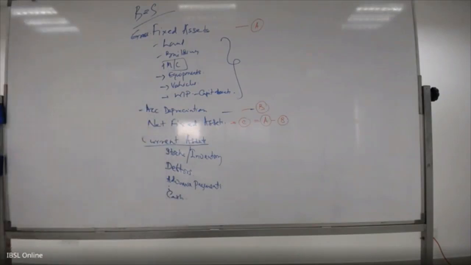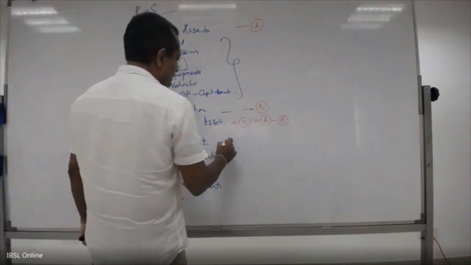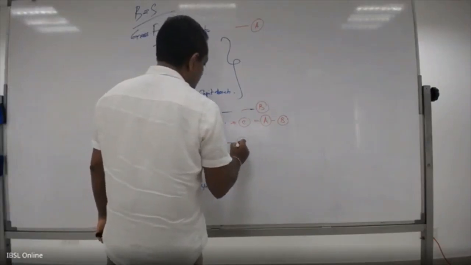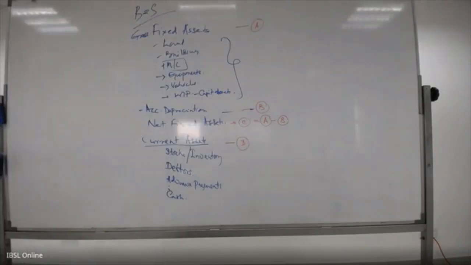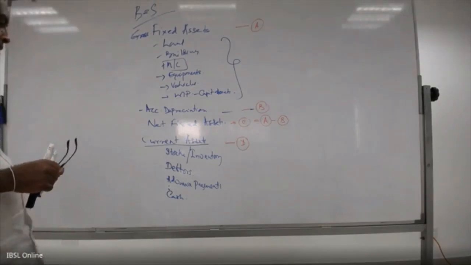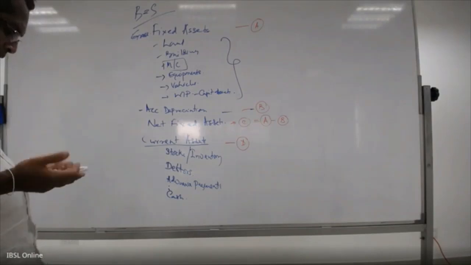So all these together, current assets, we call D. Any asset which can be converted to cash within a 12-month period is current assets.